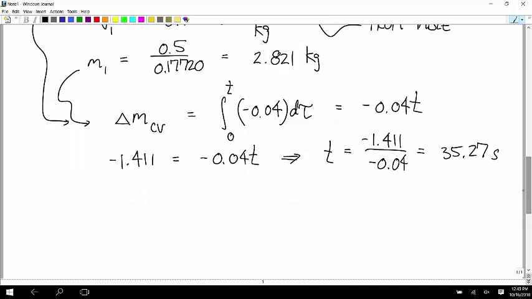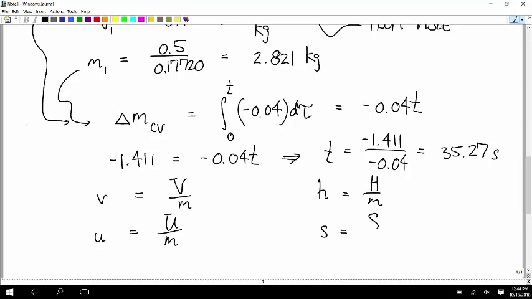Well, that's true of any specific quantity, so that's a good thing to be clear on. Specific volume is equal to the extrinsic volume divided by the mass. That's true of the specific internal energy, which is the total internal energy divided by the mass. It's true of enthalpy. It's true of entropy.